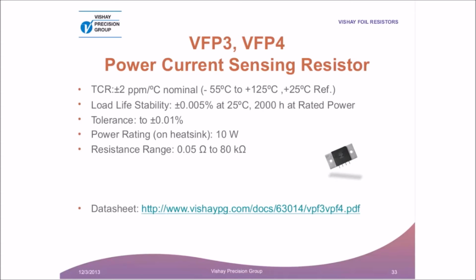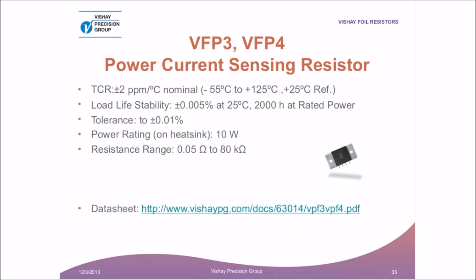This is something that is unique for our products. And again, here we see a typical TCR nominal of 2 ppm and a resistance range of 50 milliohms right up to 80 kiloohms.